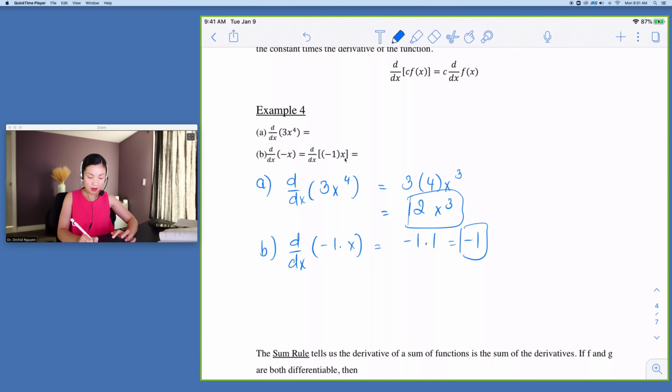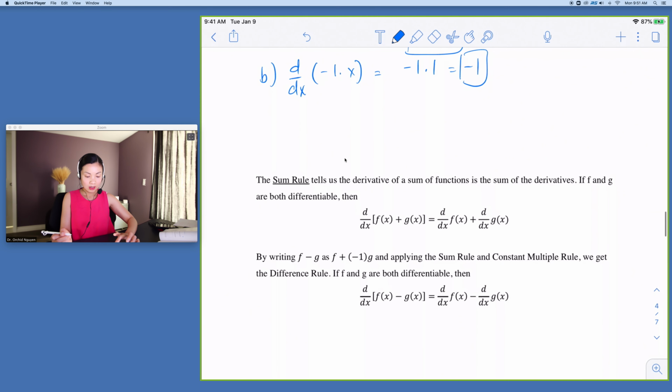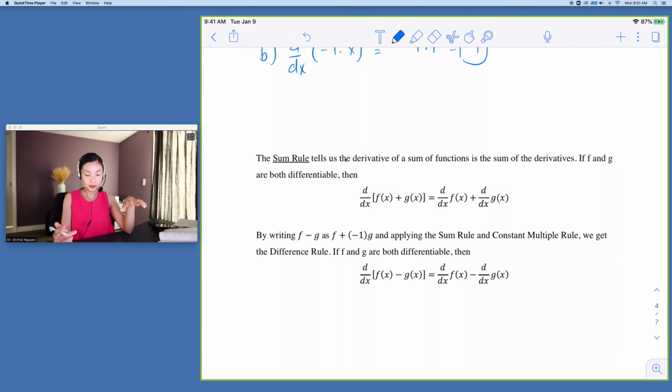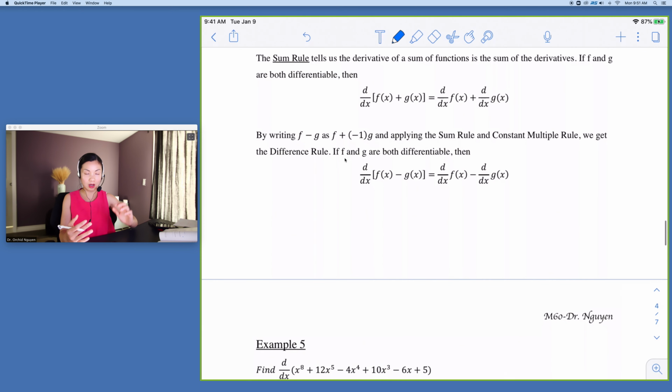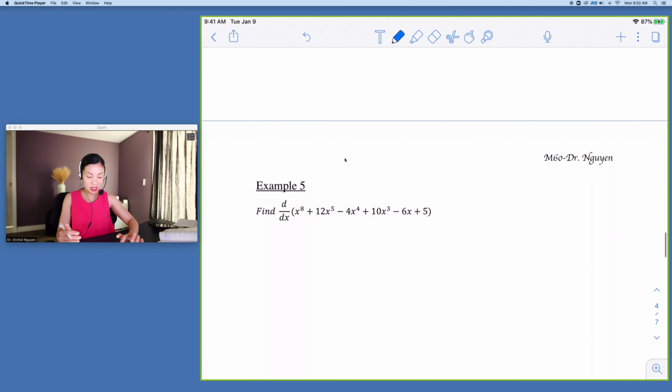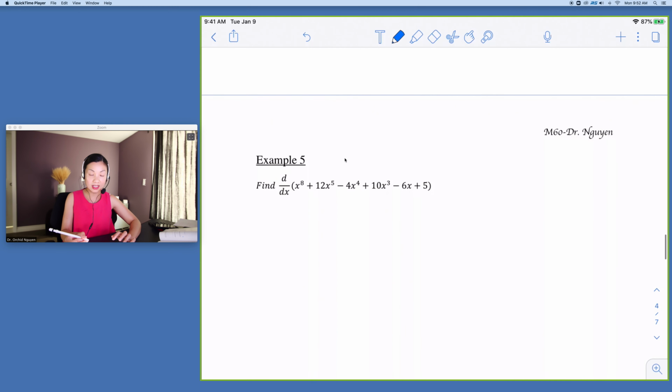All right. Now, if you have the sum of the functions and you take derivative, it's simply the sum of the derivatives. It's really simple, and for subtraction, same thing. So if I have something like example 5, I can simply take derivative of one term at a time.